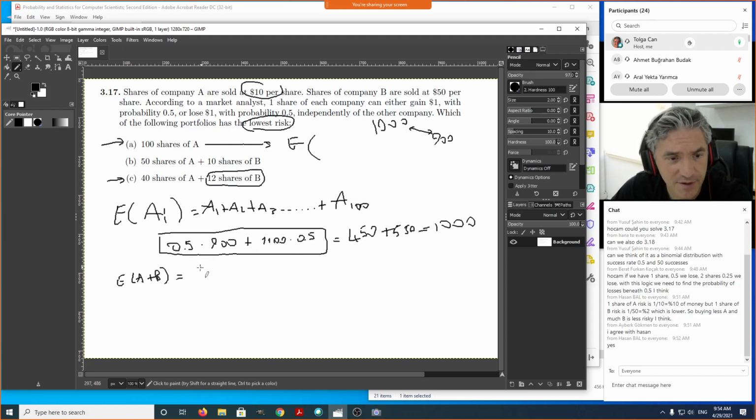So 50 shares of A. If I have 50 shares of A, the expected value of that is 50 times 9, sorry, with 0.5 probability it's going to have this value, and with 0.5 probability it's going to be the other.